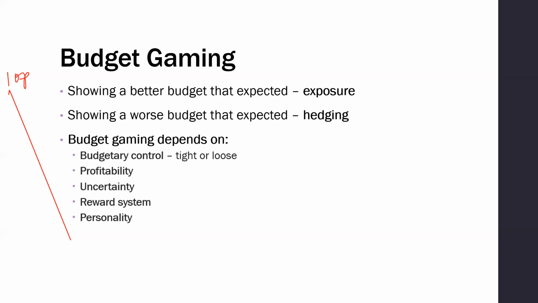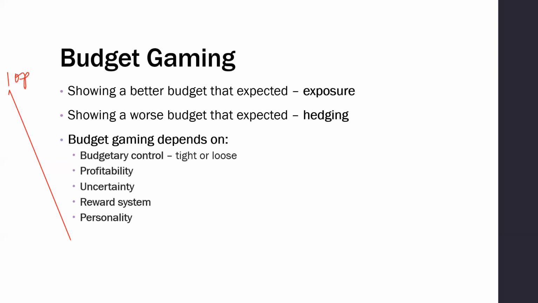Okay? Now, budget gaming depends on budgetary control, whether tight or loose. Because whether it's tight or loose, it also motivates managers to design their budget in a certain way. Okay?